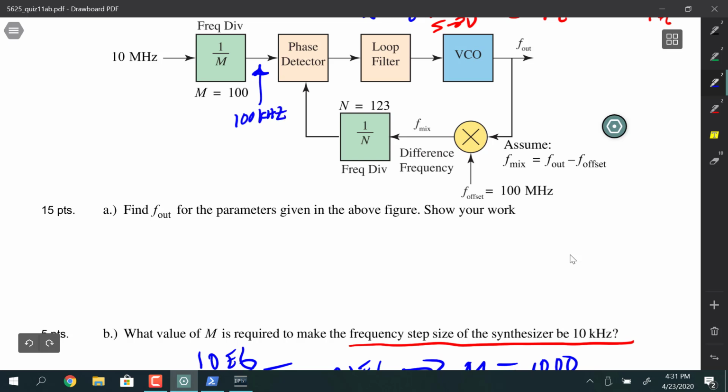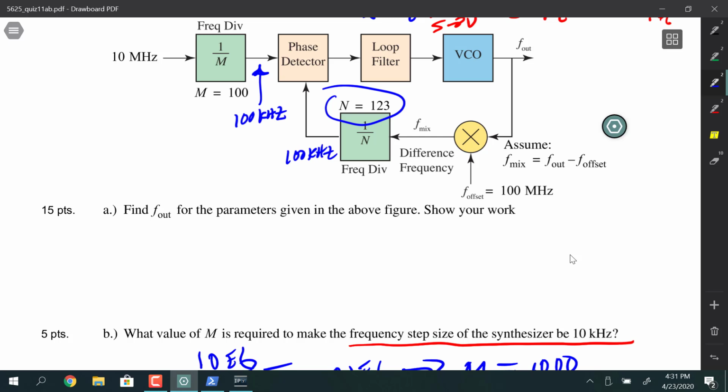So that's 100 kilohertz. And the loop is going to lock when this frequency is 100 kilohertz. So we have to go through our math and say that, okay, our divider is set at 123.